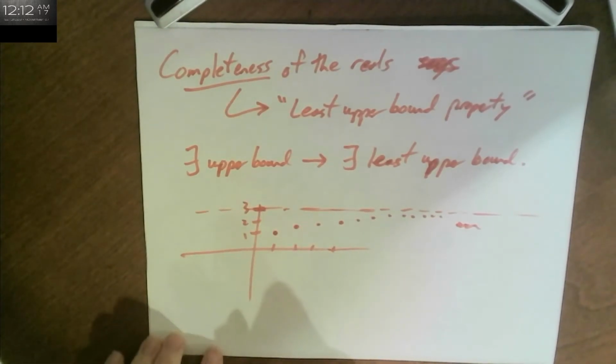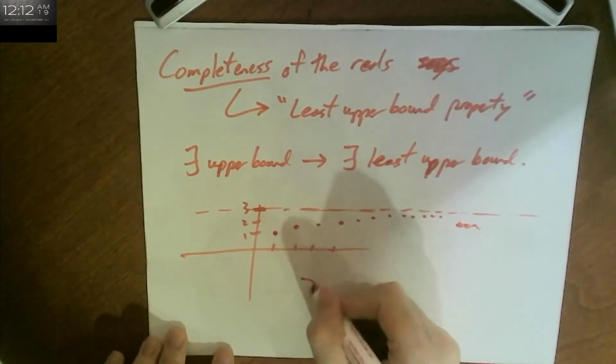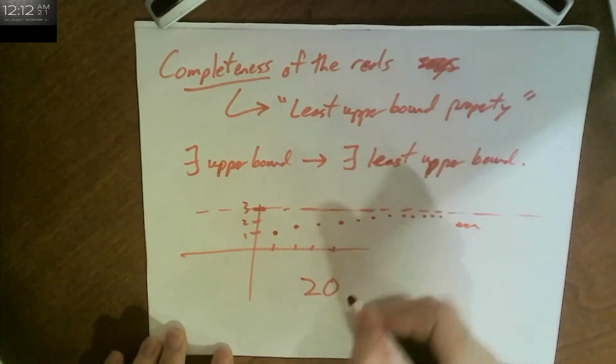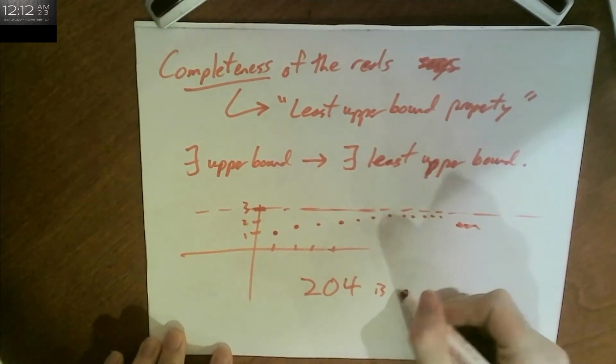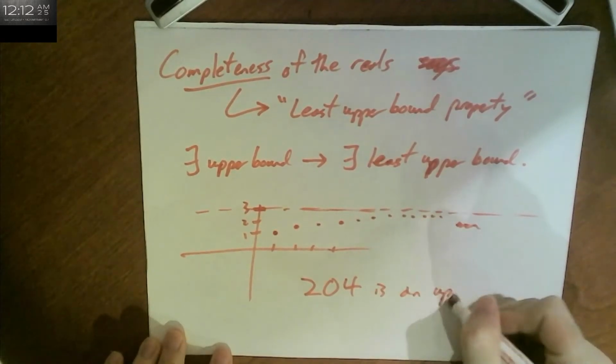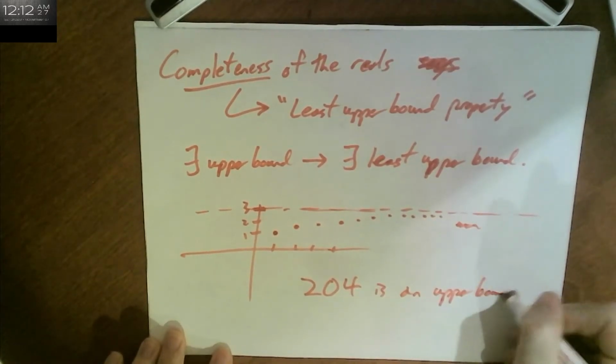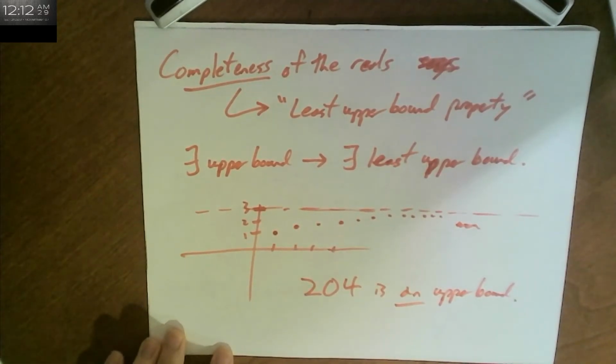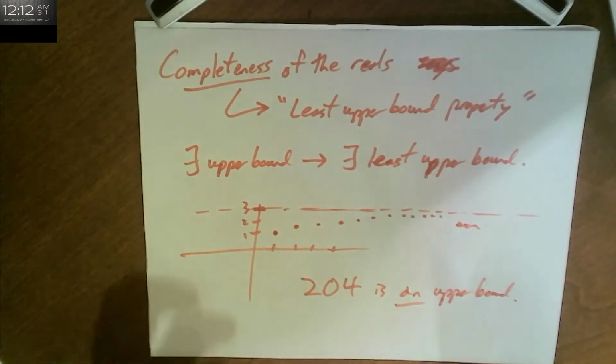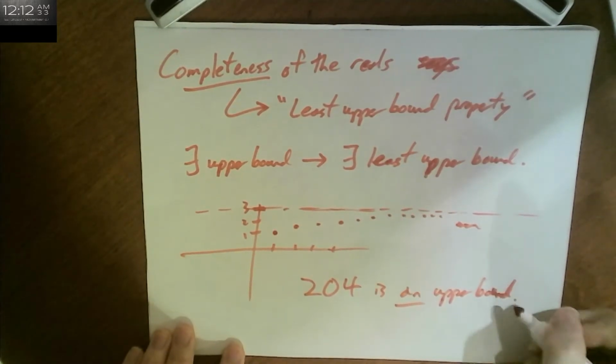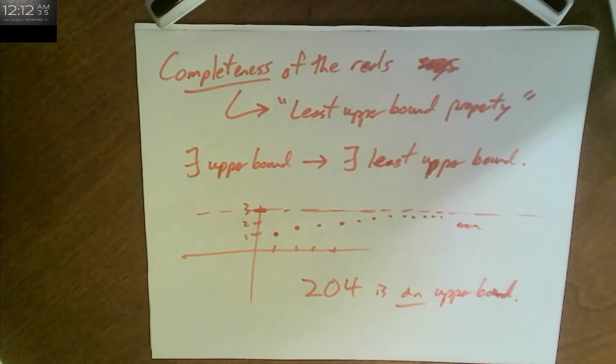I claim the following. 204 is an upper bound of this sequence. For every element of the sequence, for every term of the sequence, that term is less than 204.